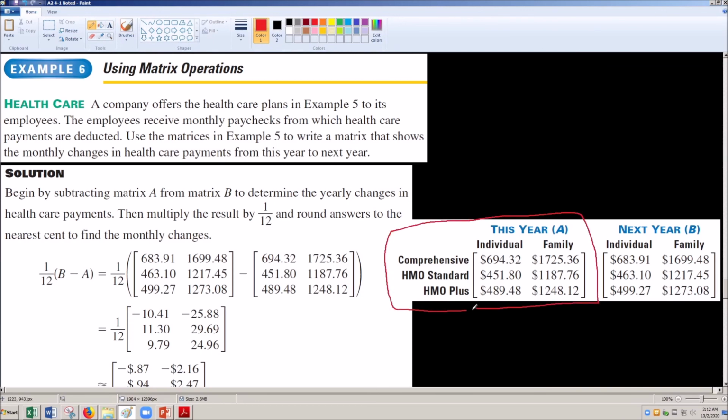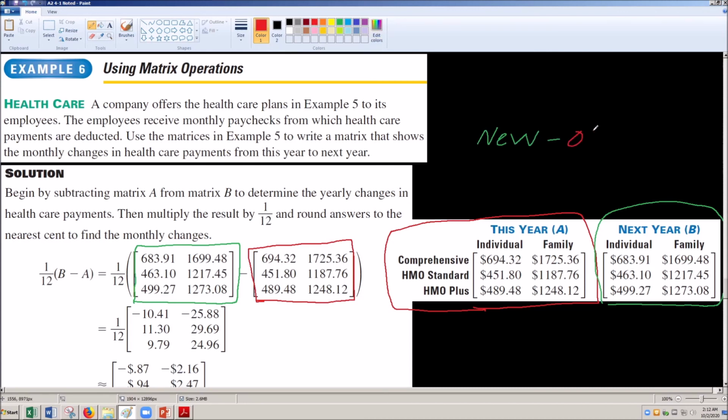So I'm going to just highlight in colors here. We have this year's stuff, and that's in red. And we have next year's stuff, which we'll highlight in green here. Basically, if I want to talk about the difference, like what is going to happen from year to year, I'm just going to do new thing minus old thing. And that's going to be my difference, okay?